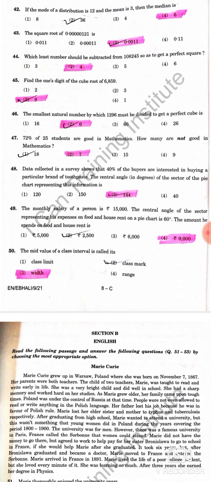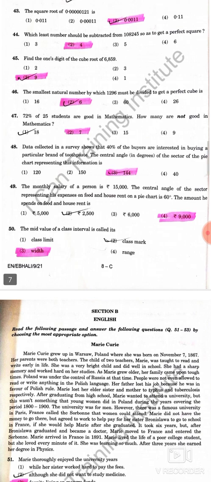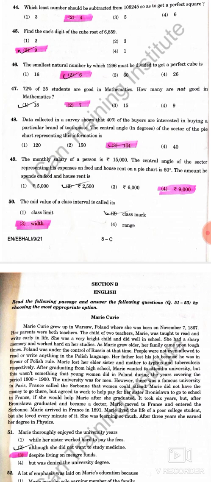Question number 48. Data collected in a survey shows that 40% of the buyers are interested in buying a particular brand of toothpaste. The central angle in degrees of the sector of the pie chart representing this information is, and the answer is option number 3. The monthly salary of a person is rupees 15,000.